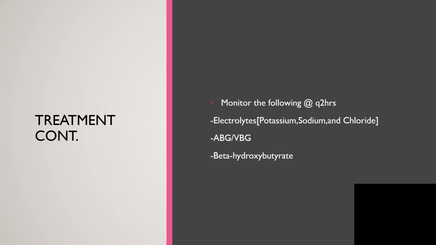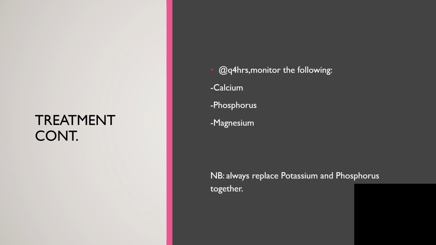We need to monitor some other parameters every 2 hours. Electrolytes like potassium, sodium, and chloride, arterial blood gas or venous blood gas, and beta hydroxybutyrate level every 2 hours. Every 4 hours, we need to check the level of calcium, phosphorus, and magnesium.